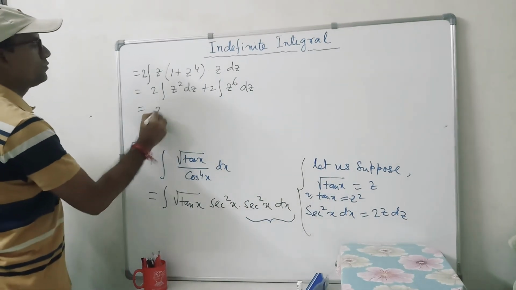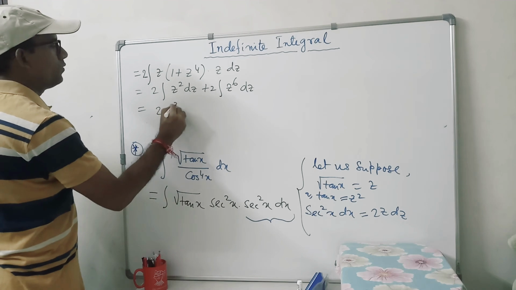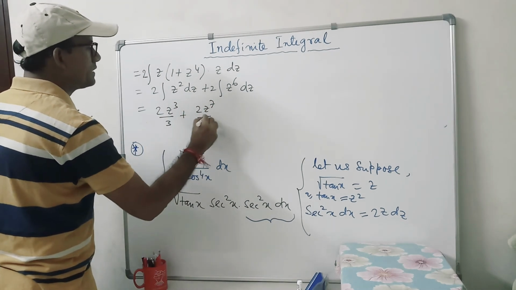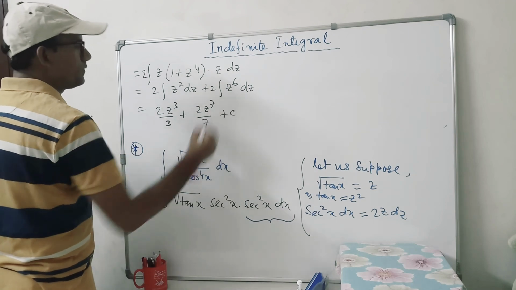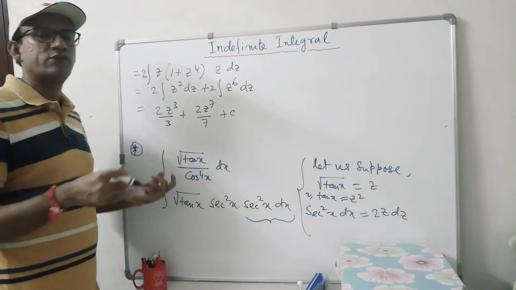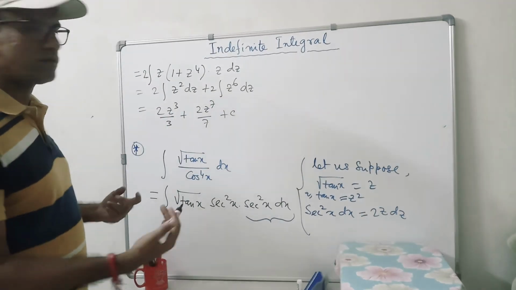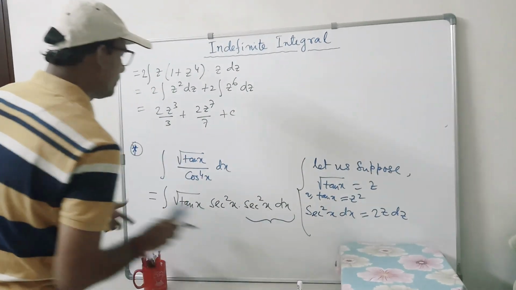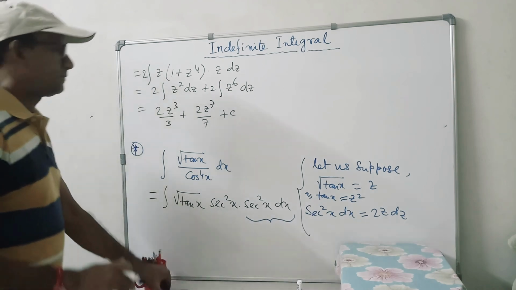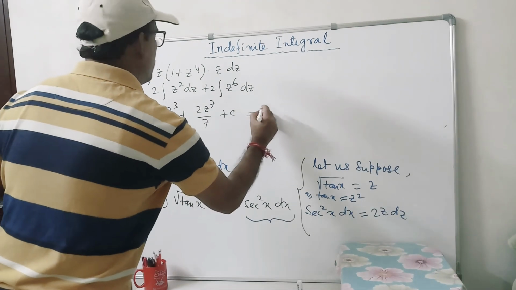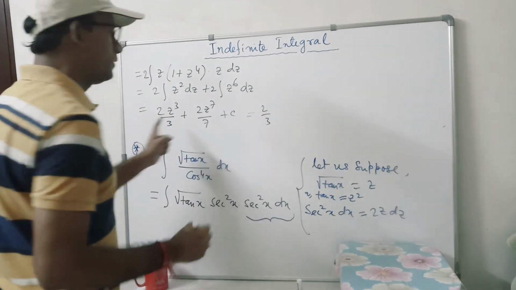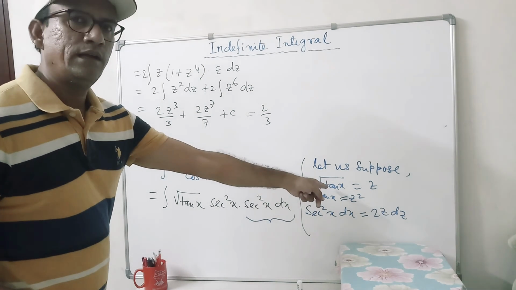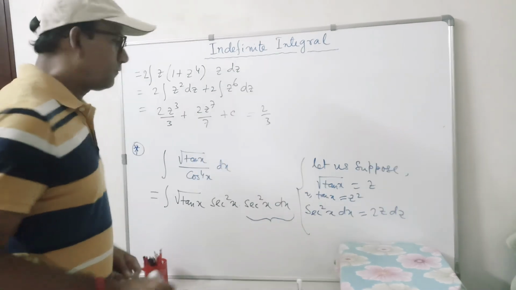See what happens: 2 z cube by 3 plus 2 z to the power 7 by 7. With the help of the formula, integration x to the power n dx equals x to the power n plus 1 by n plus 1, I just applied that formula here. So z is tan x, whole to the power half.